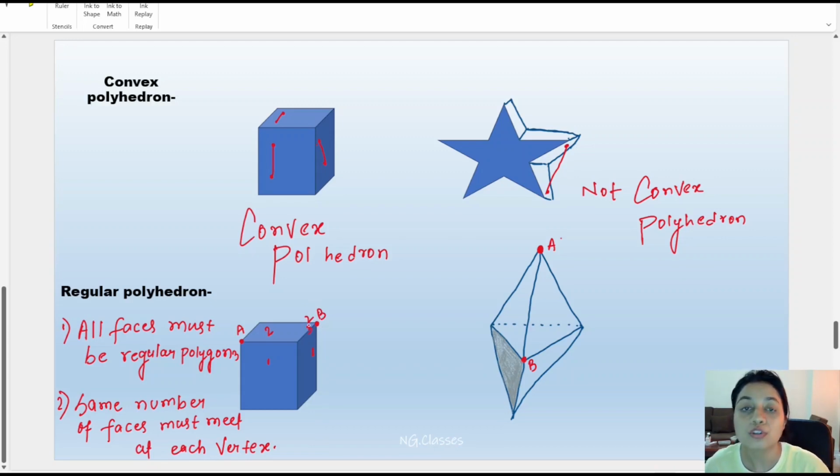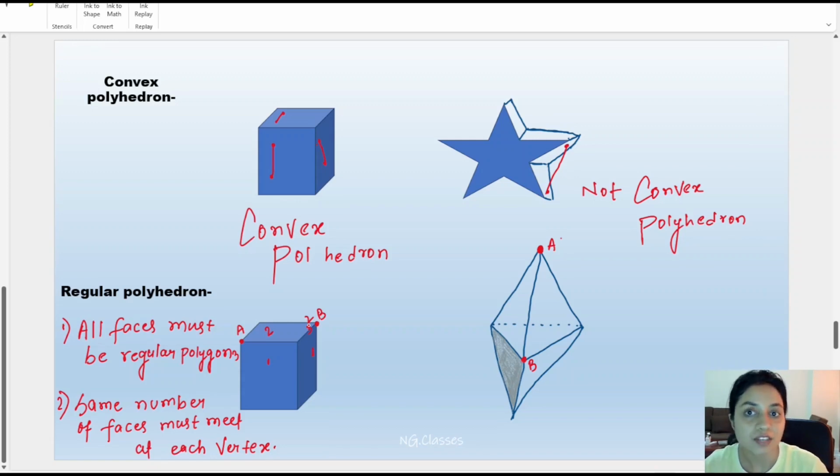So here also a total of 3 faces are meeting to make the vertex B. Now you can check by taking any vertex. Each and every vertex will be made when 3 faces meet with each other. Hence, both criteria are fulfilled for the first figure, and the given figure is a regular polyhedron.